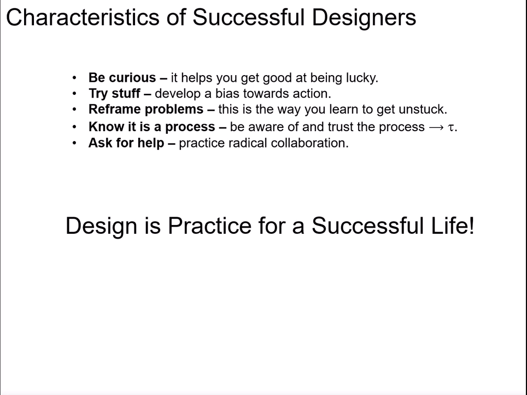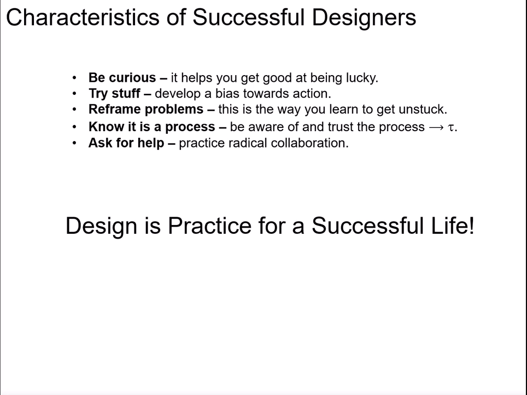You have to know design's a process. You have to be aware of that process, where you are in it, and trust the process to get you to the end. And I have a tau in here to represent a time constant, because this process takes time. And you have to sort of accept that things are going to take time, but trust the process is going to get you to a good place in the end. And you have to be willing to ask for help.